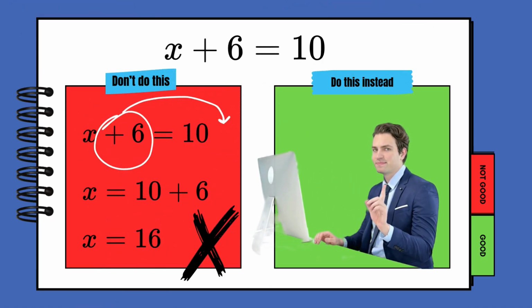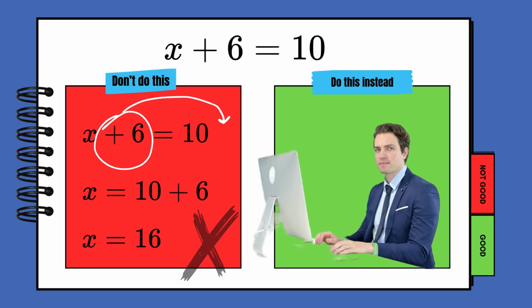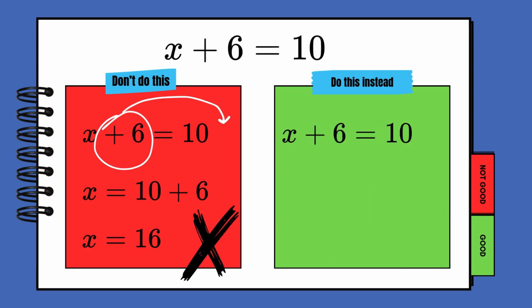And of course, as expected, unfortunately, it is not right. Okay, then what is right actually? I know that I have to switch 6 to the other side, right? Because we have to keep our x by itself. But be careful. If you switch positive 6 to the other side, it switches the sign as well.